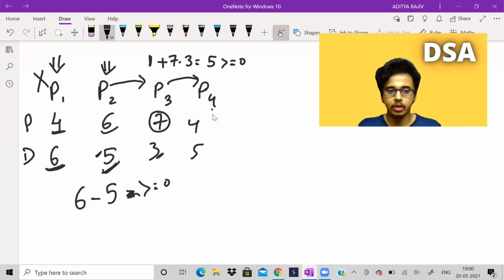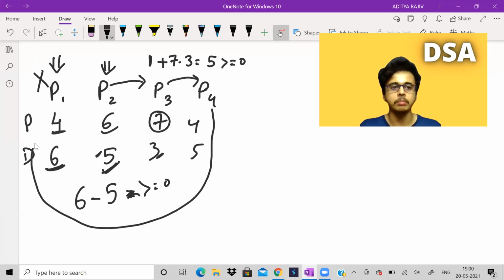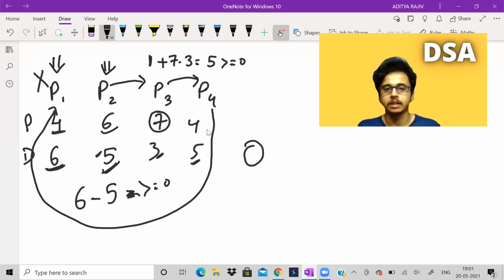Now after petrol pump 4, we have to go to petrol pump 1. Because it is a circular array, the distance 5 represented over here means from the last petrol pump to the first, because it's a circle, right? So from here to first, the distance is 5 units.